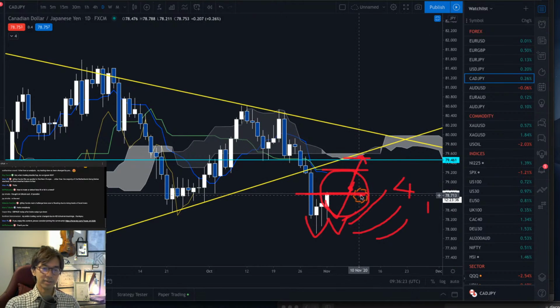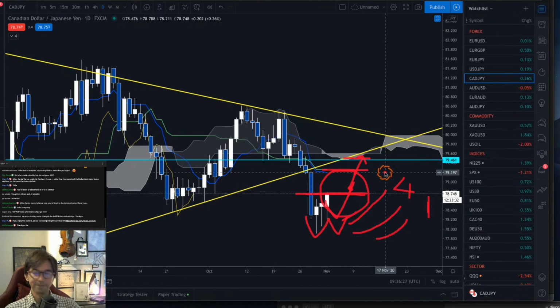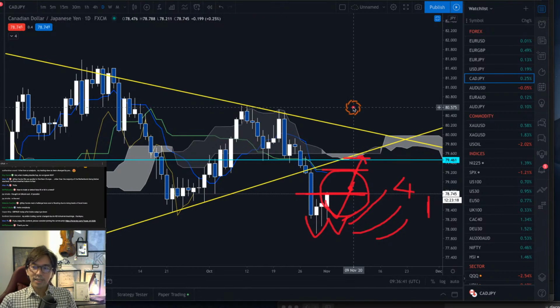In that case, you can take these time frames to ride this uptrend. But you don't want to take the daily chart because the daily chart is just retracing backwards. That might be a little more advanced, switching the time frame to take trades, but this is what I usually do.